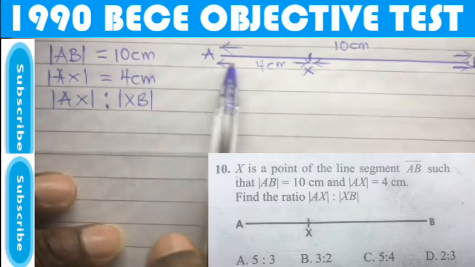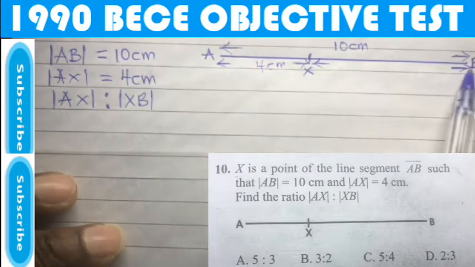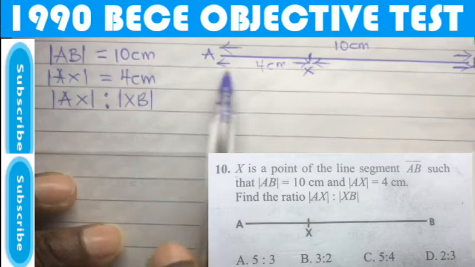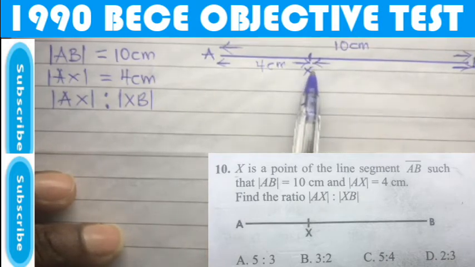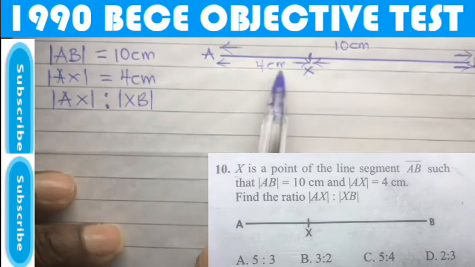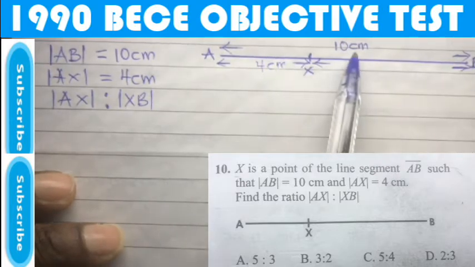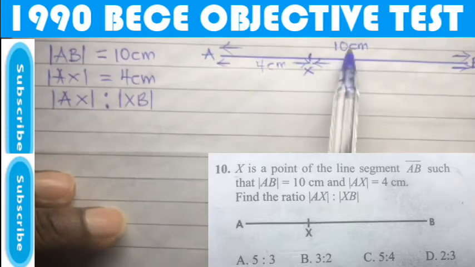If when you move from A to X, it is 4 centimeters, and the total length is 10 centimeters, what will be the length of moving from X to B? What length are you going to add up to 4 to give you 10 centimeters? That is 6. So you subtract 4 centimeters from 10 centimeters, and that will give you 6 centimeters.